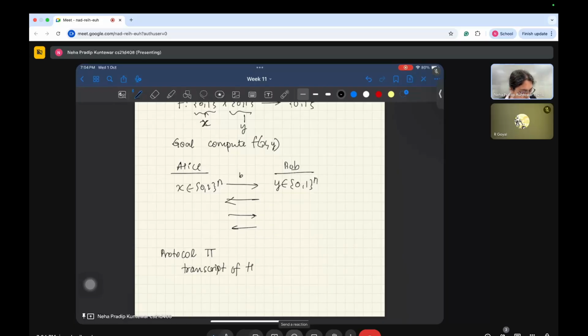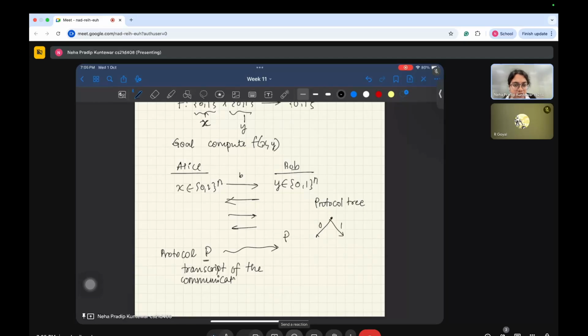of the communication that happens. And for a given protocol, I'll just call it P, there's an associated protocol tree. Let's say in the protocol P that we defined, Alice sends one bit.